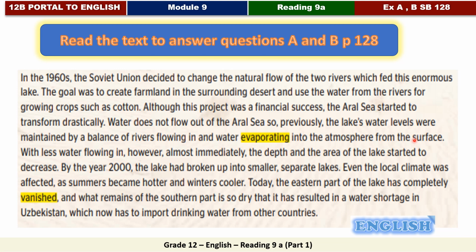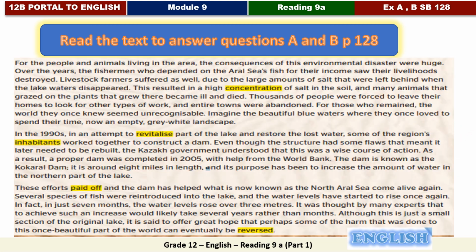Okay, this is the text here, this first part. Okay, this is the second part of the text. So you are going to go through the text to answer question B and to see whether you have guessed right or not.